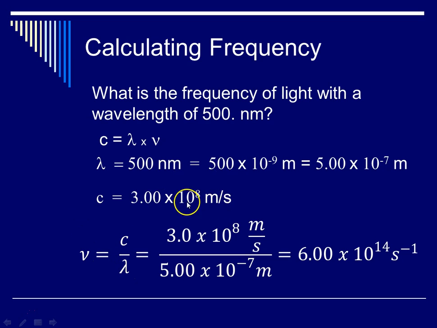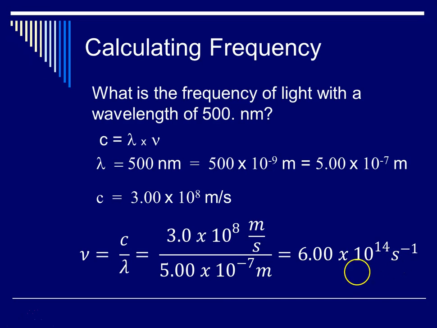And then plugging in our numbers from up here, c gets plugged in here, and then we plug in our wavelength here. You'll notice that meters over meters will go away, and we will be left with the unit of 1/seconds. When we plug this into our handy-dandy calculator, we will get 6.00 times 10 to the 14th seconds to the minus 1.